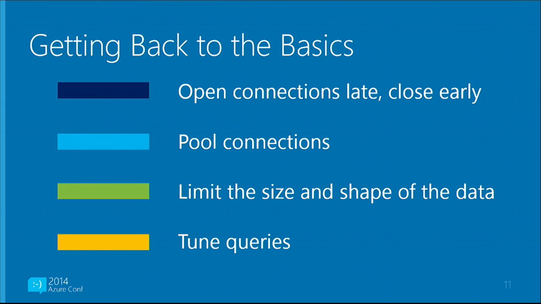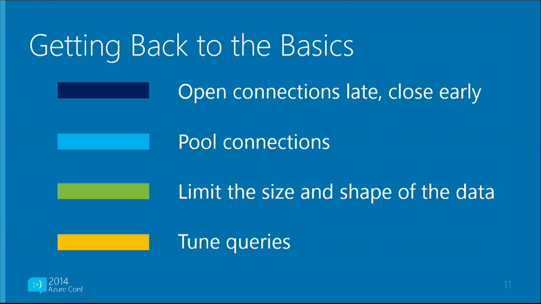And so open those connections as late as possible in your process to get data, to update data, close them as early as possible. In addition, we want to pool those connections, and by default, clients in .NET are pooling connections so that we have a pool of these to use, and they're not physically getting closed on the client.